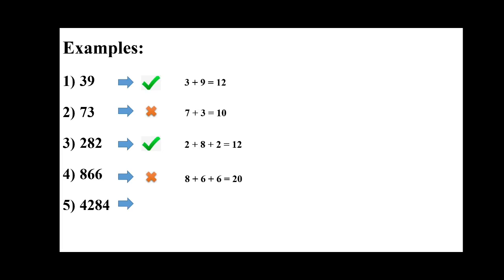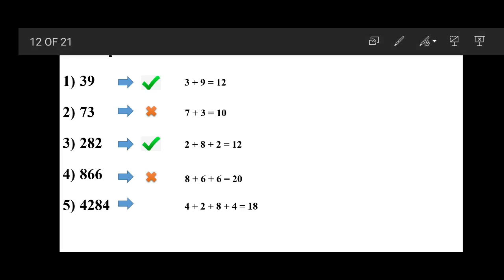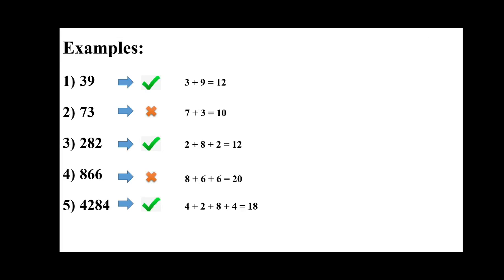Correct. How? 4 plus 2 plus 8 plus 4 is equal to 18. 18 is divisible by 3. So 4284 is divisible by 3.